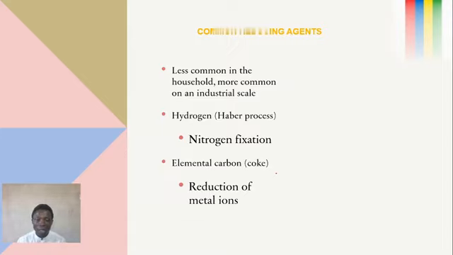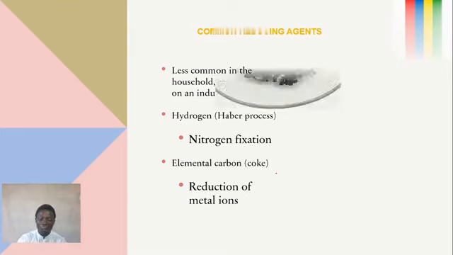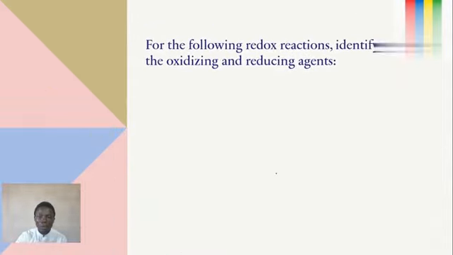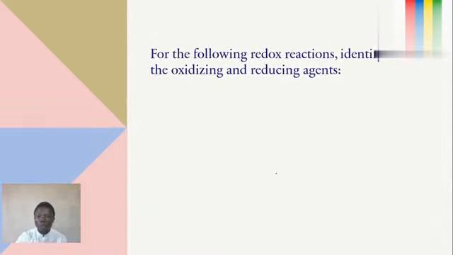In nitrogen fixation, it is a reducing agent, and this is just a pictorial view of a coke related substance. Okay, so we are moving to more examples. How do we identify the oxidizing and reducing agent?